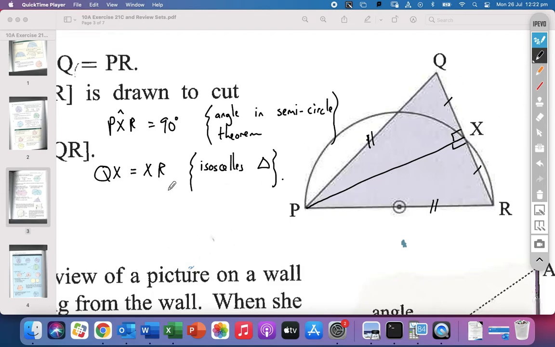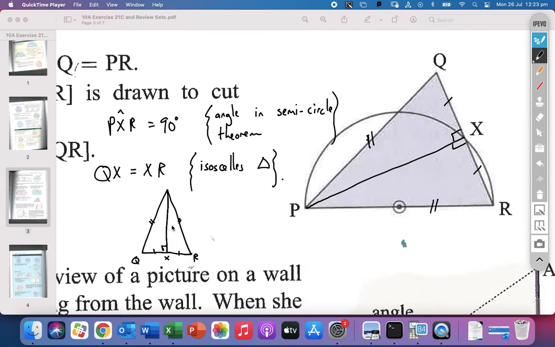We're reasoning out in a different direction. We're saying, if there's a line that comes down the middle and it's at right angles, therefore these two lengths have to be the same. So this is my Q, my X, and my R on this diagram.